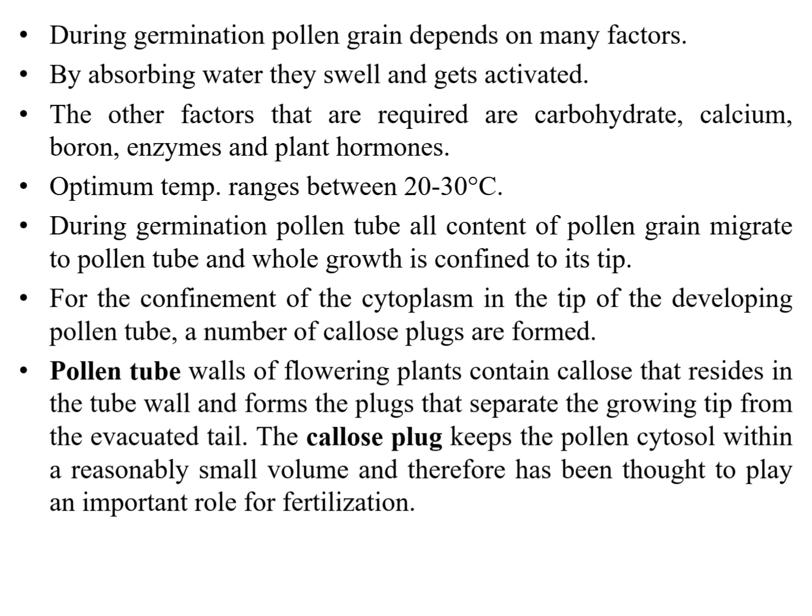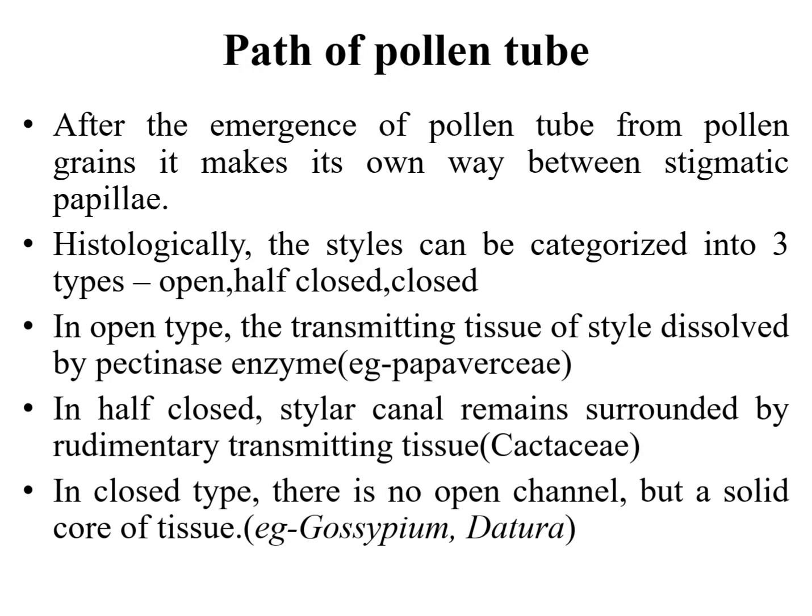The pollen tube walls of flowering plants contain callose that resides in the tube wall and forms the plug that separates the growing tip from the evacuated tail. The callose plug keeps the pollen cytosol within a reasonably small volume and therefore has been thought to play an important role in fertilization.